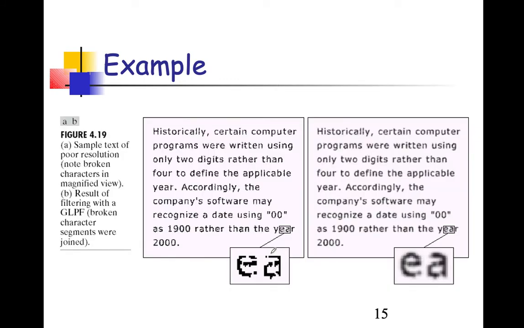Here is one example. This is a paragraph of collected text, and if you look at the lettering, there are a lot of broken values. Here in the year, the information is collected. It has problems of cut values or alphabets. When you pass it through the Gaussian low pass filter, it gives a smooth result, so at least we can view it properly.